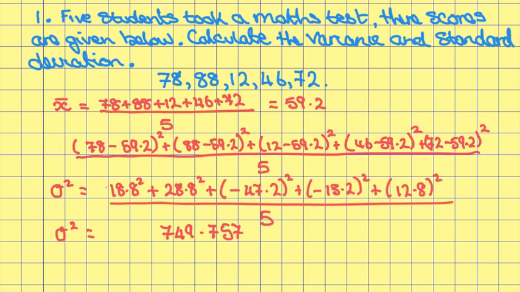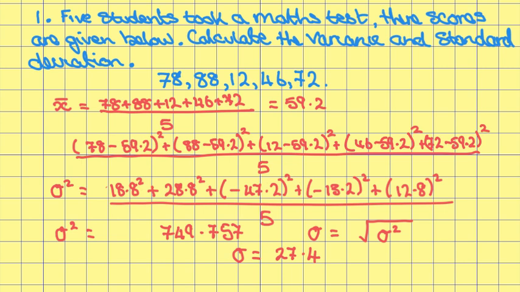The standard deviation is equal to the variance square rooted, and that will undo all the squares we've got. So in this case, the standard deviation is equal to 27.4 to 3 significant figures.